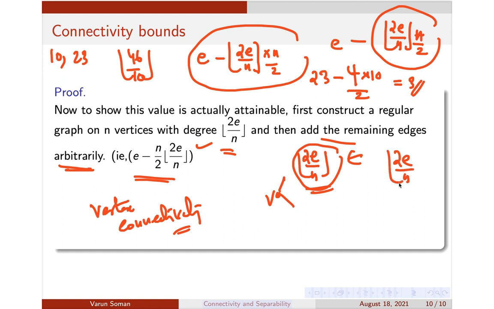If I have to disconnect this graph into two, or just remove this vertex V, how many vertices should I delete?